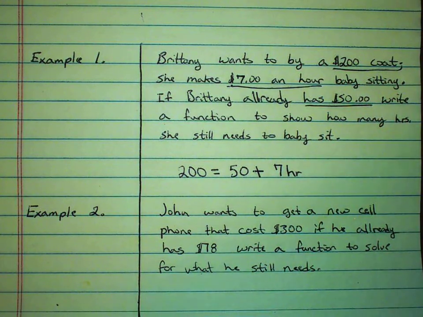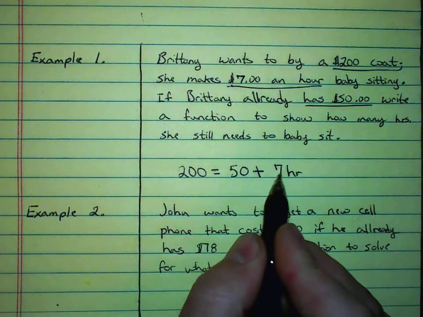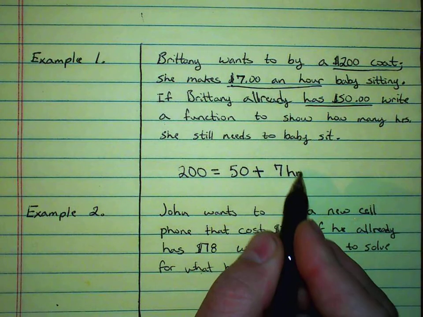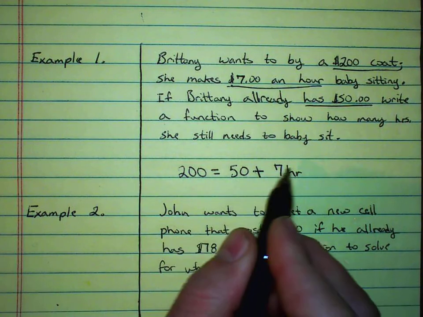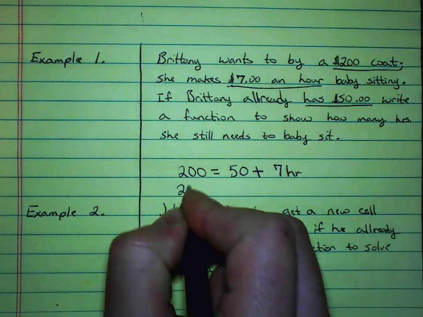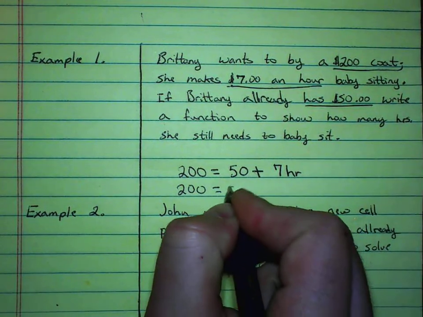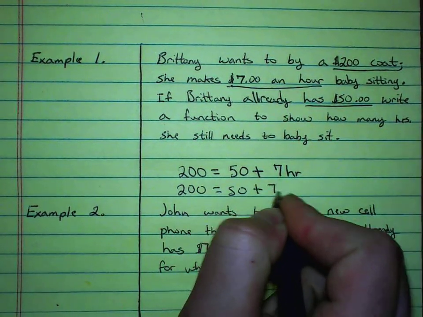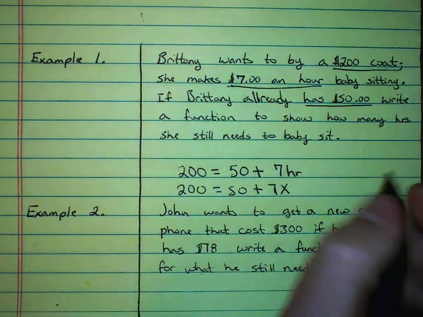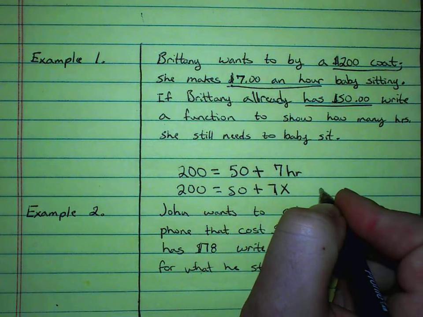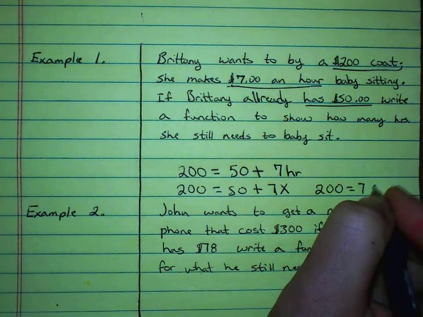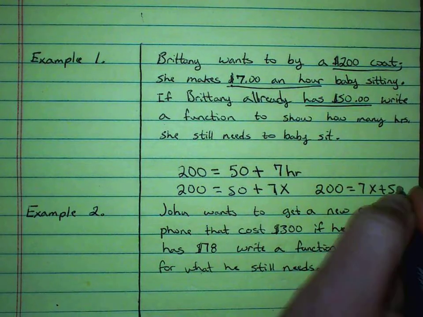Now, I used HR to demonstrate number of hours. If you saw this as a true function, it would be written one of 2 ways. Either 200 equals 50 plus 7x, where x is the hours, or it could be written 200 equals 7x plus 50.